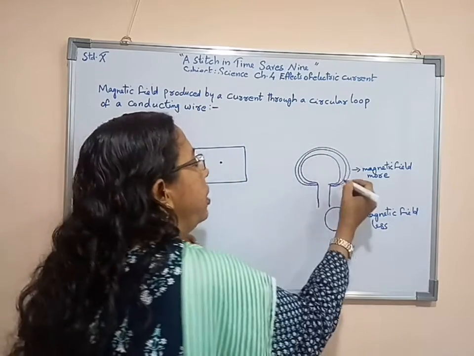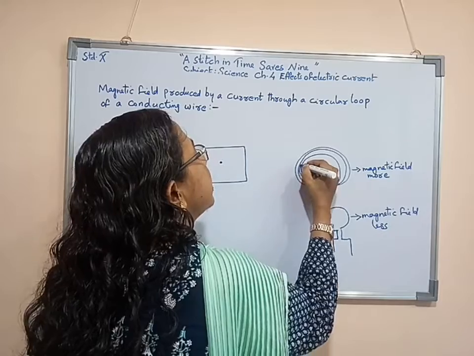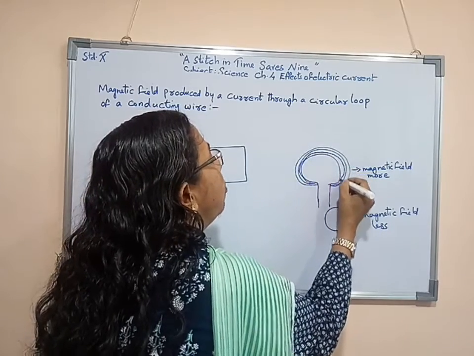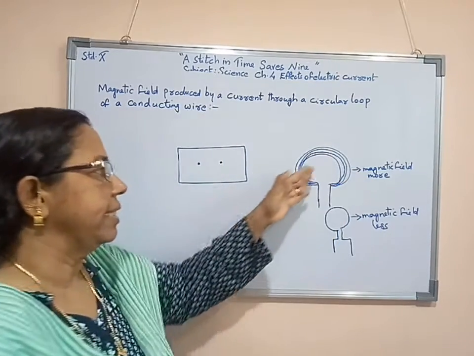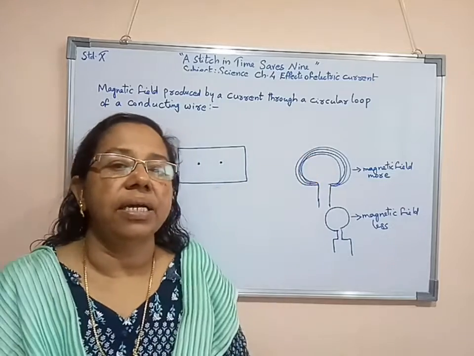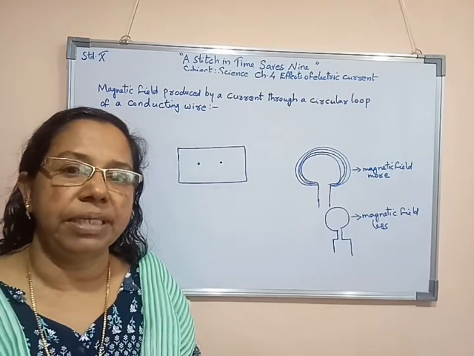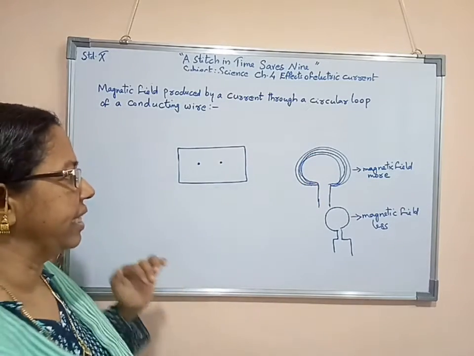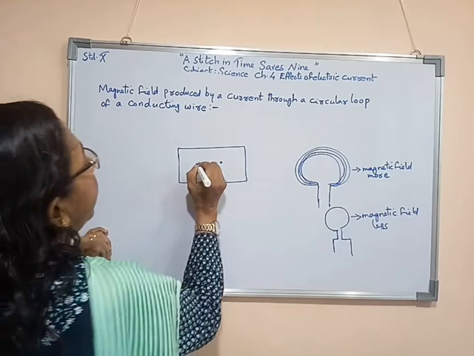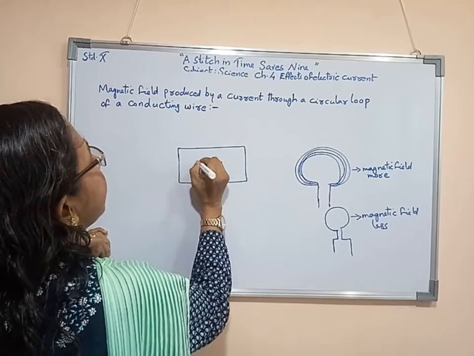Here, the more coils you use, the more loops you make, the more magnetic field formation there will be. Now how it takes place, we will see. Through here, two holes are there.